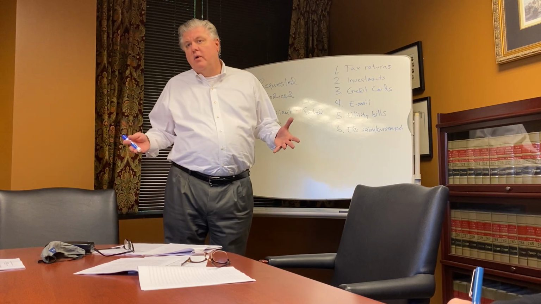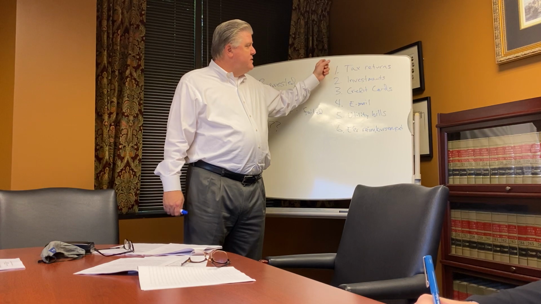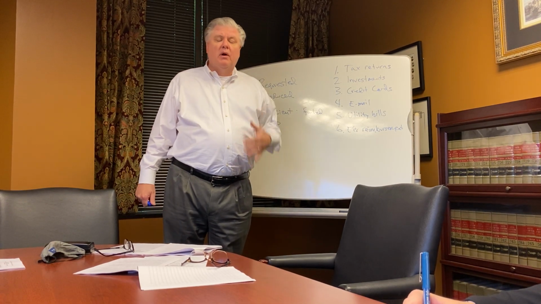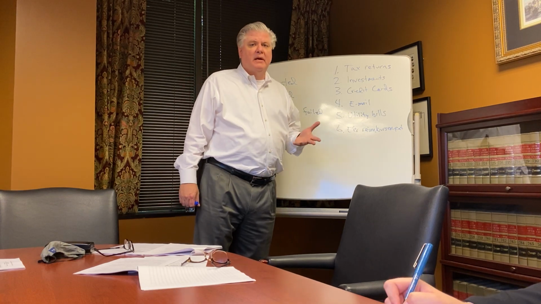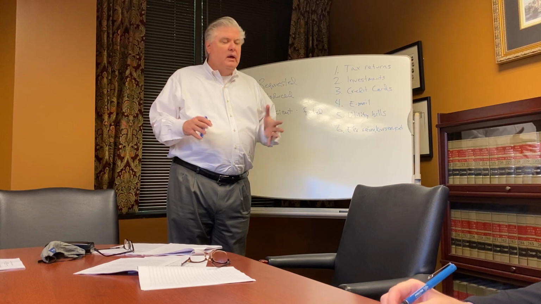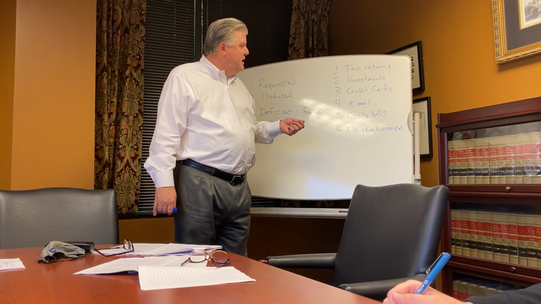We may need a K-1 to study the K-1 that was used to prepare the return, but they didn't include it. All right, so part of that is the lawyer's responsibility to figure out what should be produced and what is missing. So ask questions.